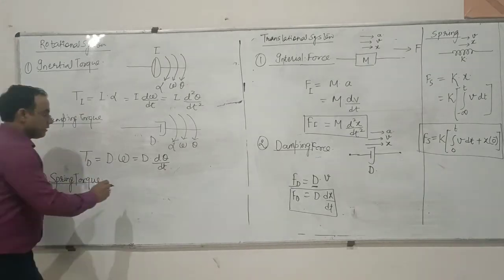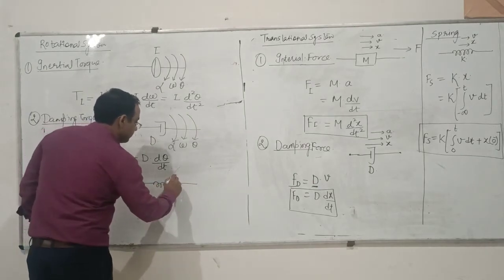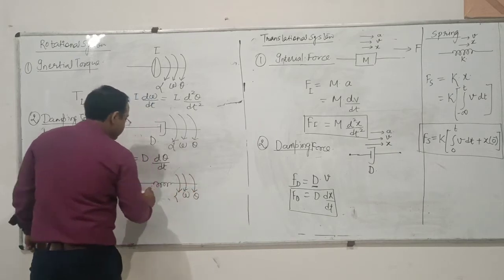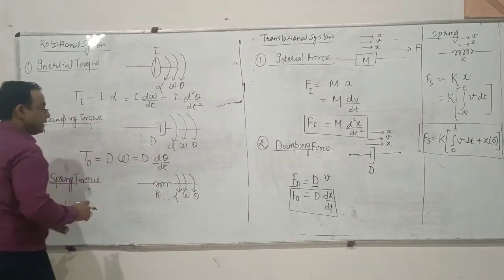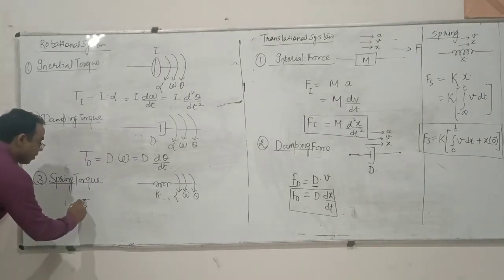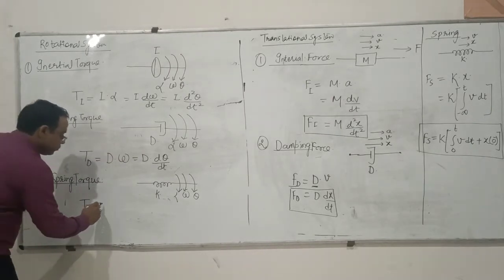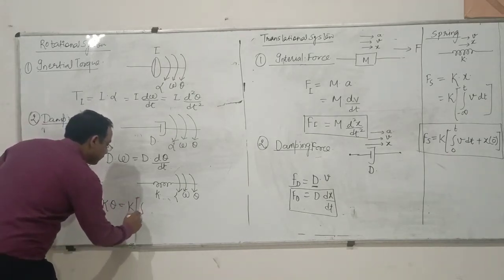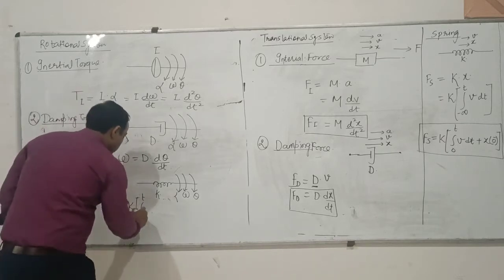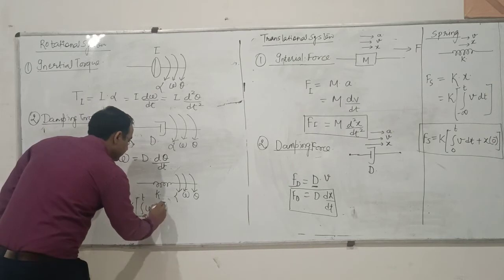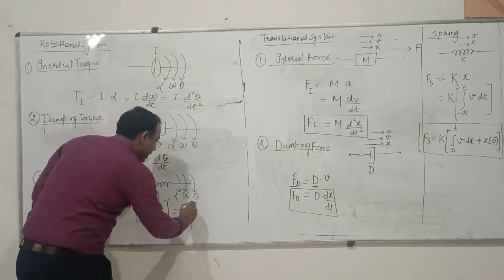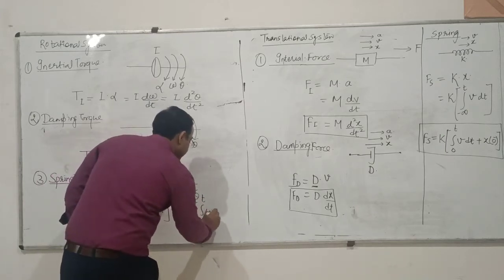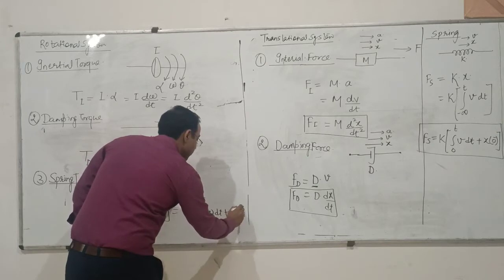The spring torque for angular acceleration alpha, angular velocity omega, and angular displacement theta for spring coefficient k, it can be written as Ts equals to k into theta, or it can also be written as k into integration from minus infinite to t into omega dt, or we can also write it as 0 to t into omega dt plus theta 0 minus.